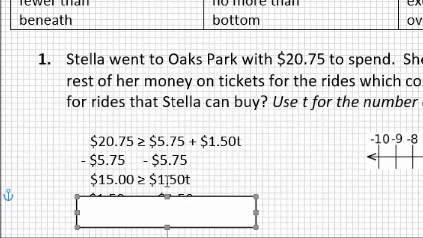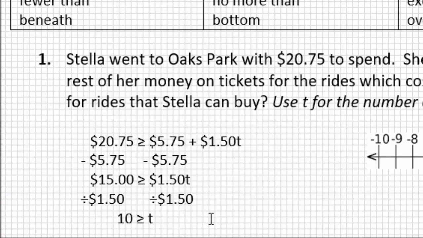To get t by itself, since it's being multiplied by $1.50, I divided both sides by $1.50. And 15 divided by $1.50 is 10. So 10 is greater than or equal to t.